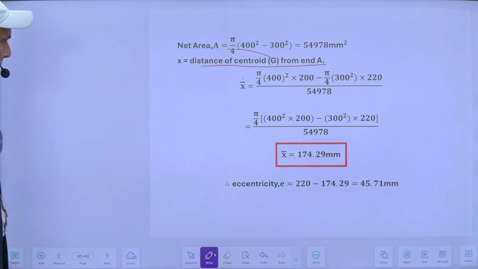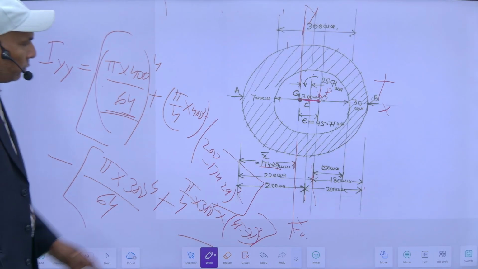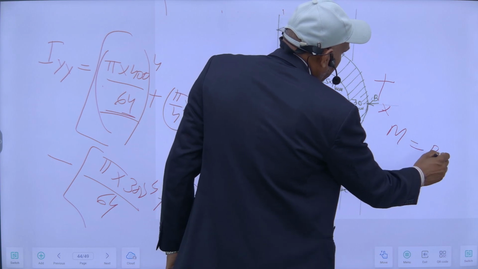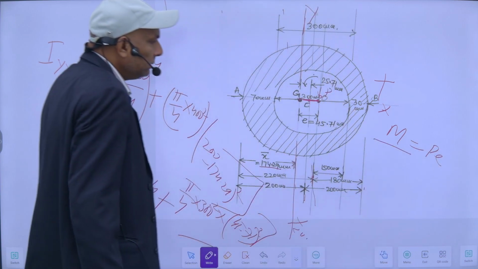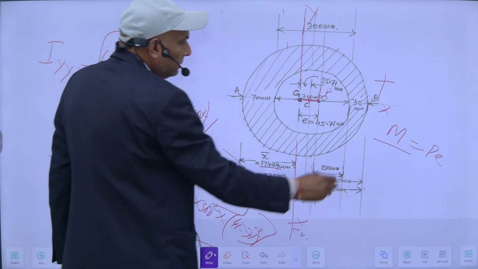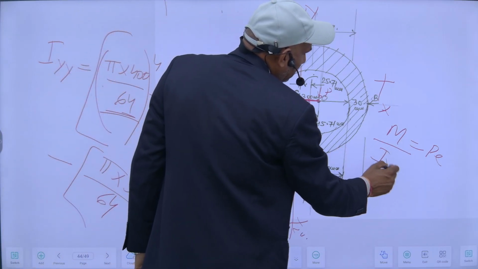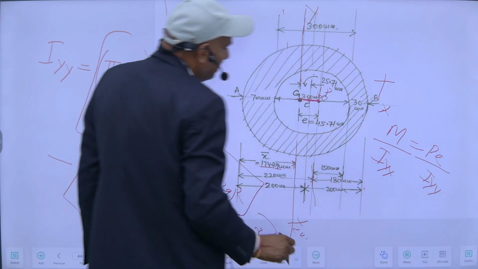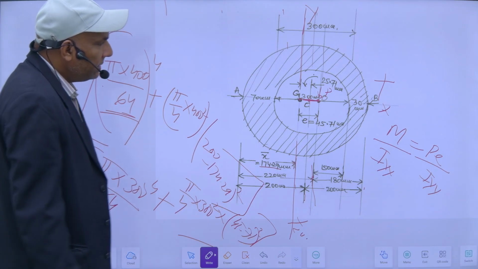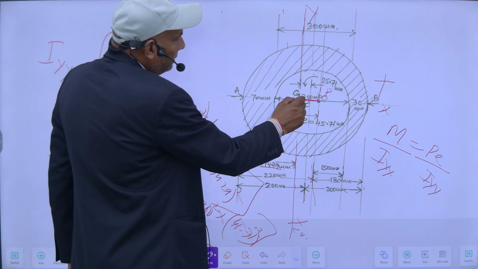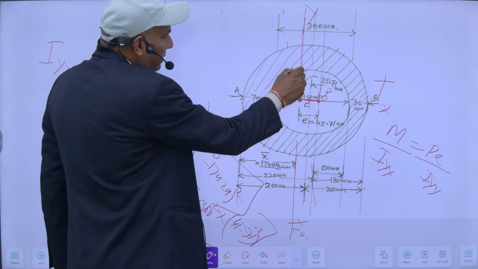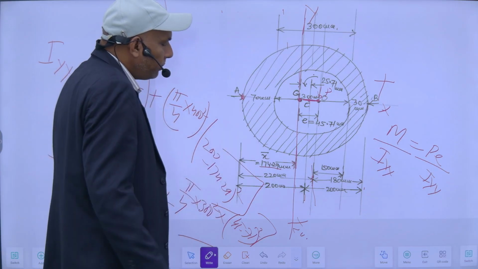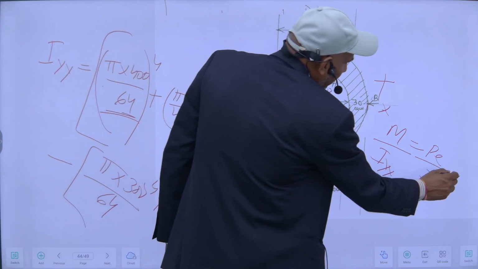So my moment, which is P into E, divided by this I_YY, into its distance. My G is here, so my neutral axis will be here. So this distance is 174.29.